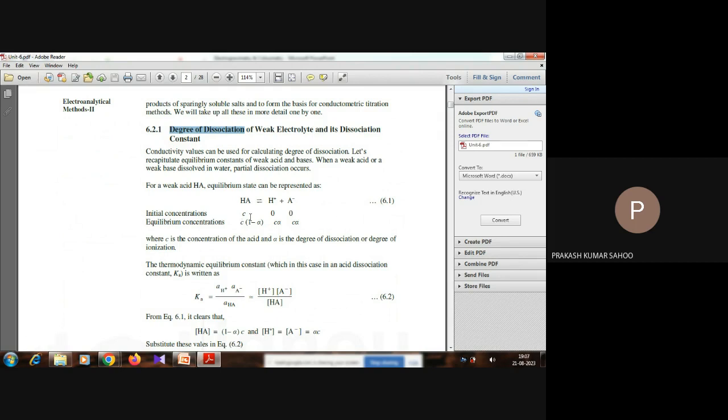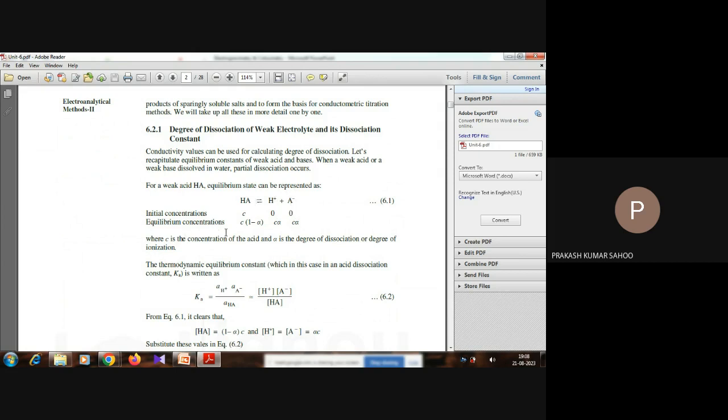So let us take a weak acid which dissociates, and you should always write the equilibrium arrow, not a single arrow. A single arrow denotes a strong electrolyte, and a double-headed arrow denotes a weak electrolyte. This is reversible. So HA is in equilibrium with H plus and A minus, which means it partially dissociates. At initial concentration it is C, and the H plus and A minus concentrations are 0, 0.